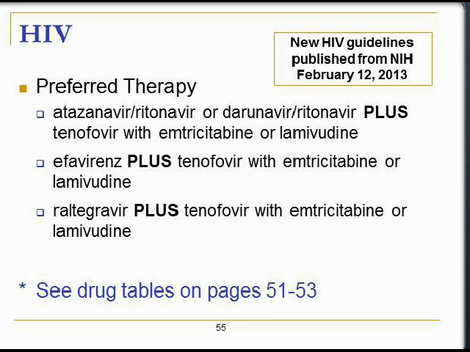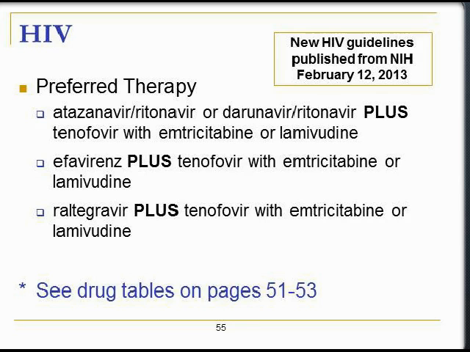And the preferred therapy is boosted atazanavir or boosted darunavir, so one of the boosted protease inhibitors, plus tenofovir with either emtricitabine or lamivudine. And most people will start with emtricitabine because that comes in a combination product with tenofovir. Your other option is to use a non-nucleoside reverse transcriptase inhibitor.